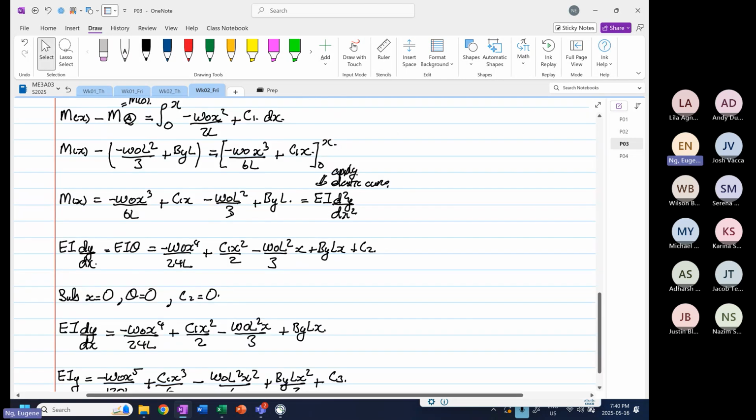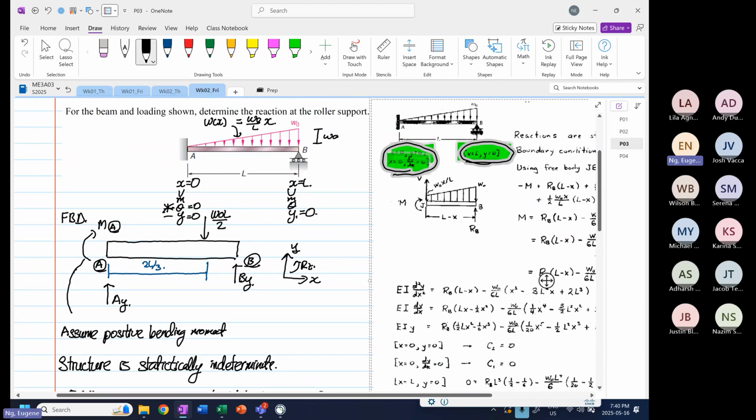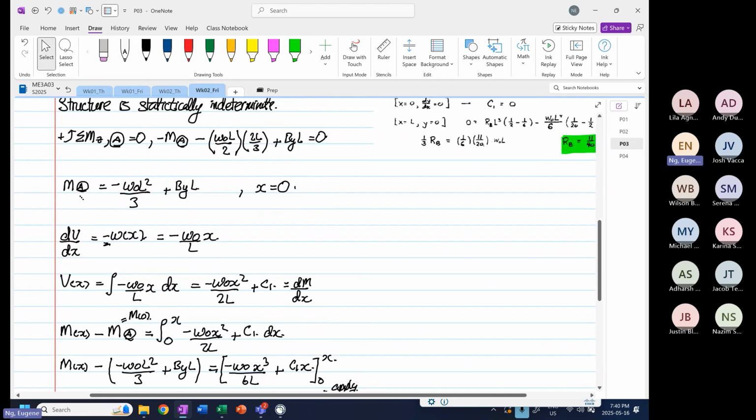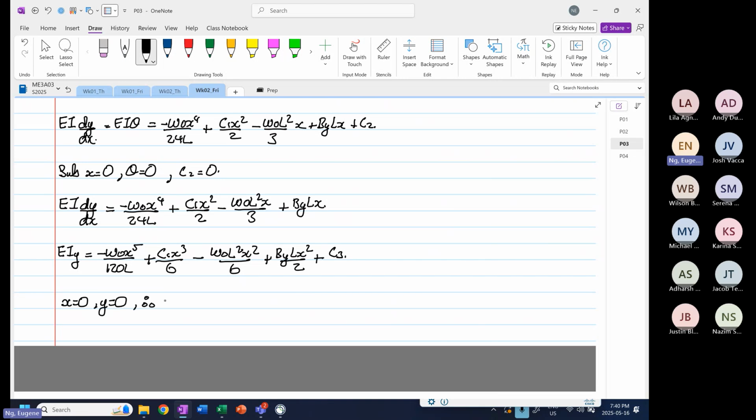Okay. Then we are going to use our next boundary condition, which is this one over here. So when we use that boundary condition, when x is equal to 0, y is equal to 0. Therefore, we also realize that C3 is equal to 0.